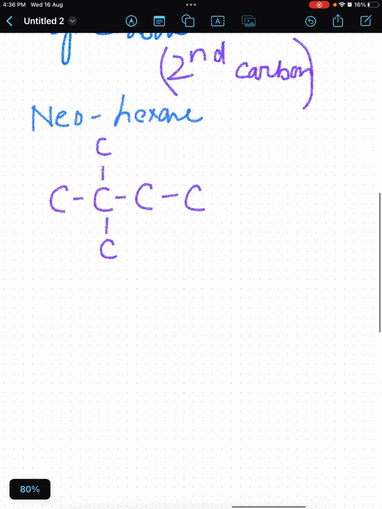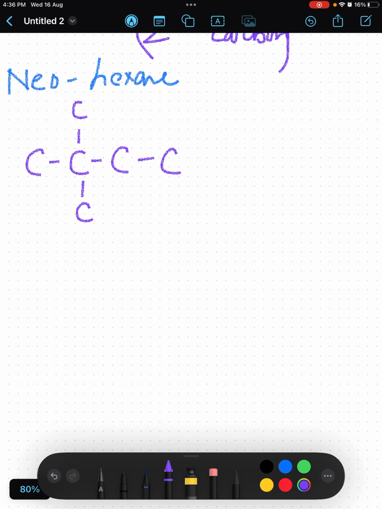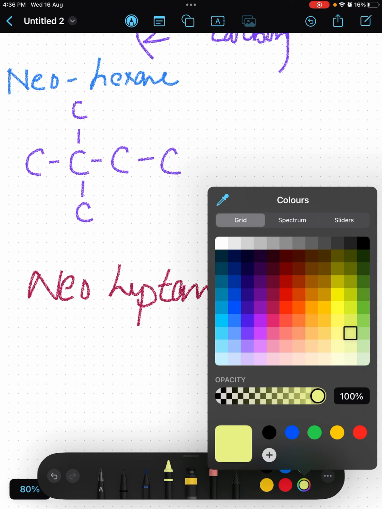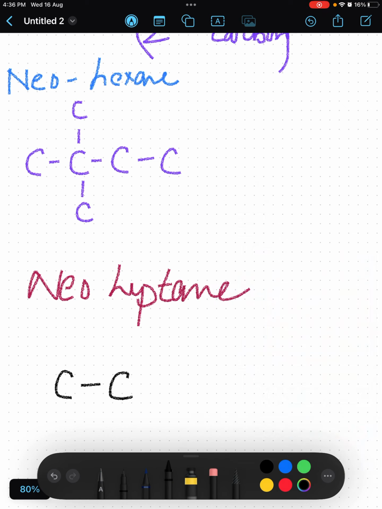If I ask you to make neoheptane, then what you will do: carbon, carbon, carbon, carbon, carbon, and here carbon, here also carbon, right? So this is the neoheptane.